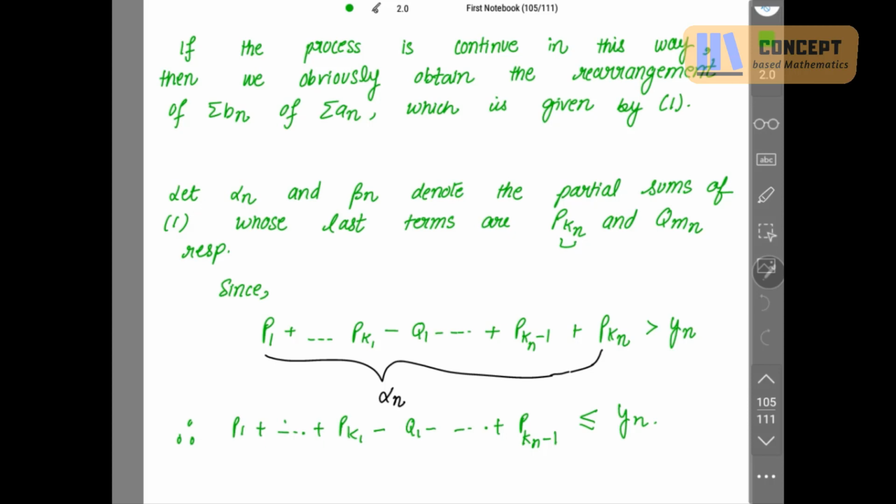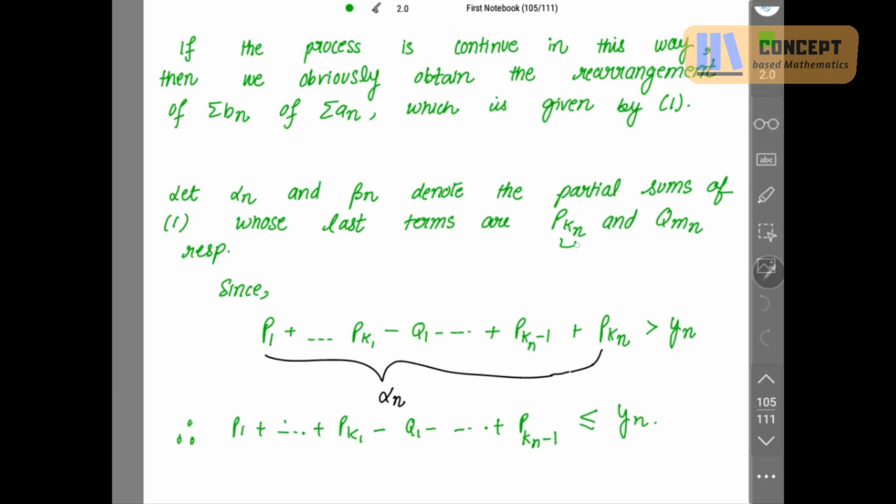Now suppose take your alpha n and beta n that denote the partial sums of 1 whose last terms are p_{kn} and q_{mn}. For alpha n the last term is p_{kn}. For beta n I take the last term as q_{mn}.